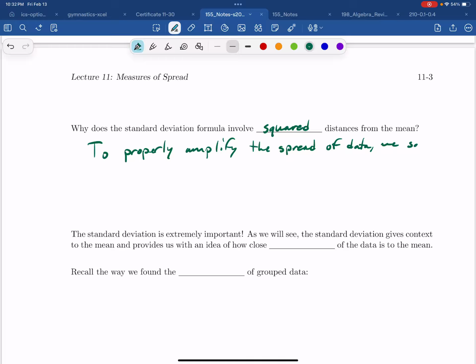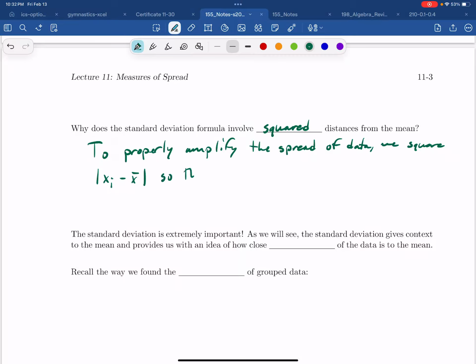We square the absolute value of just xi minus mu, or x bar. Right, so we don't care whether it's positive or negative deviation, we just care that it's deviation.